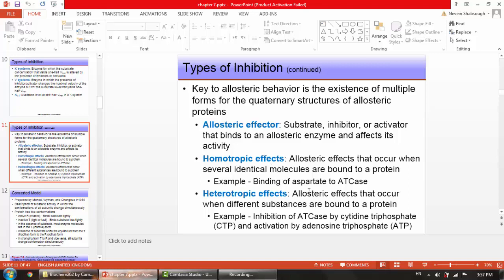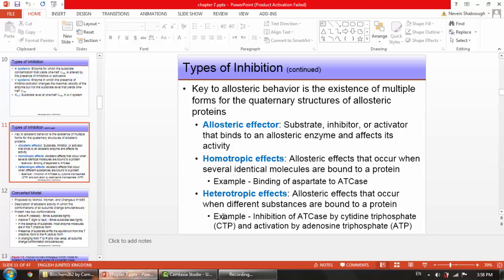The same applies for ATCase when the substrate aspartate binds to it. So these two are examples of homotropic allosteric effects. Whereas heterotropic allosteric effects occur when different substances are bound to a protein. Remember, in ATCase, the substrate is aspartate, an amino acid.